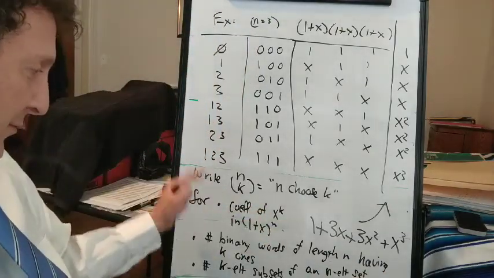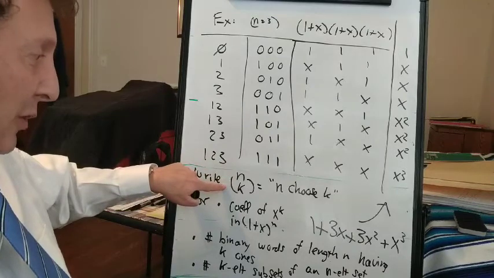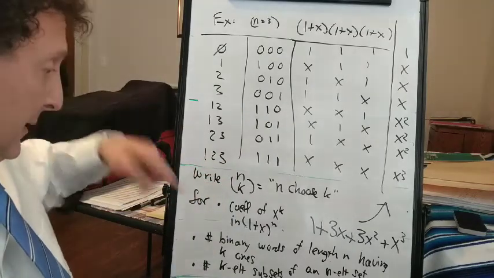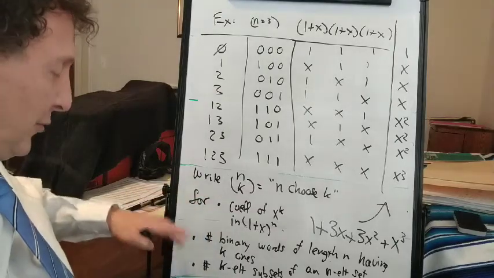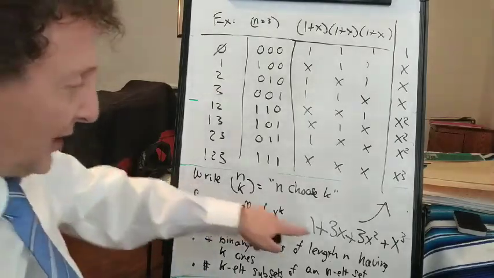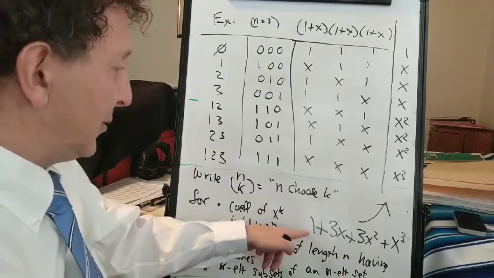Those are all, this is the name for each of the coefficients, and then these are 2 or 3 different interpretations for exactly what these things are.